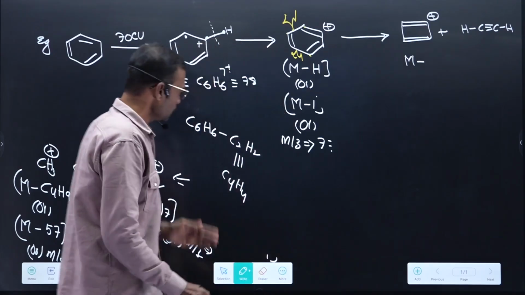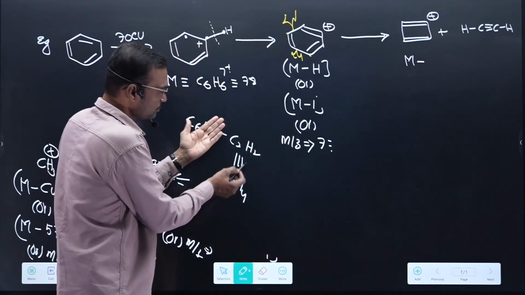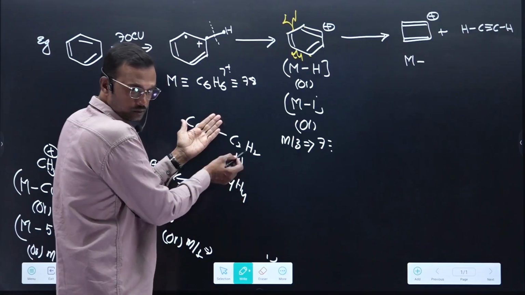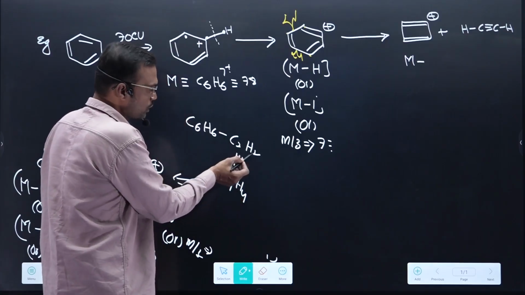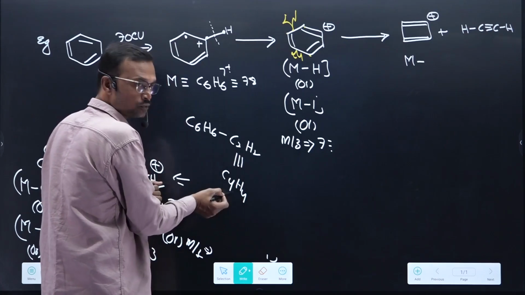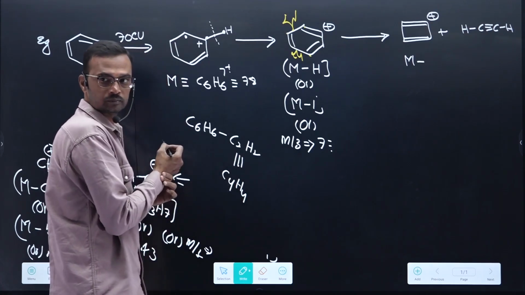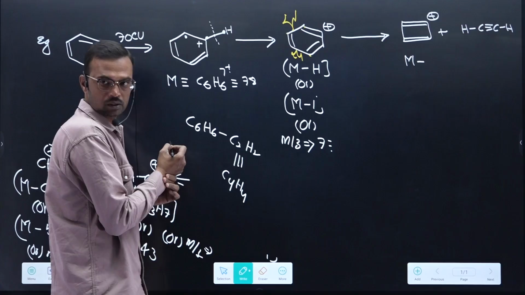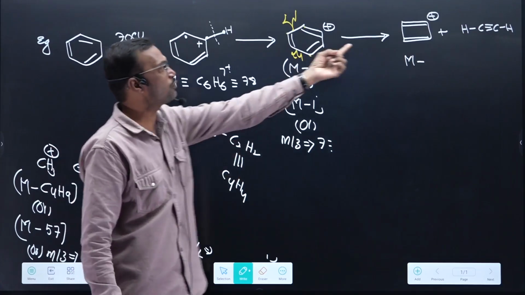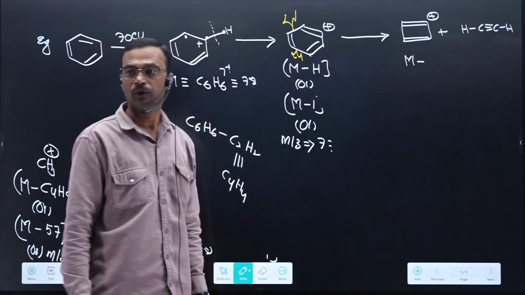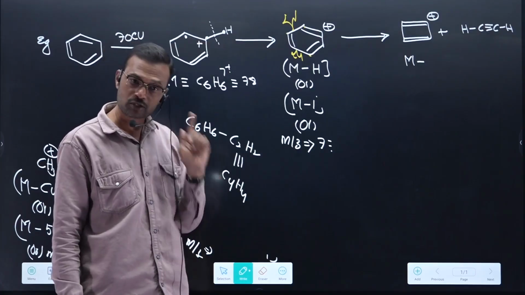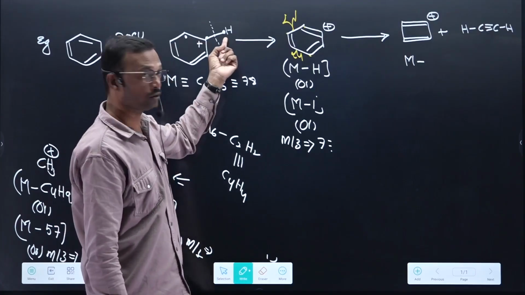See, if you add this and this, C2H2, if you remove from this, you will get C4H4. Right? Is this a C4H4? No, that is not C4H4. Already one hydrogen I removed. Here one hydrogen I removed or not?